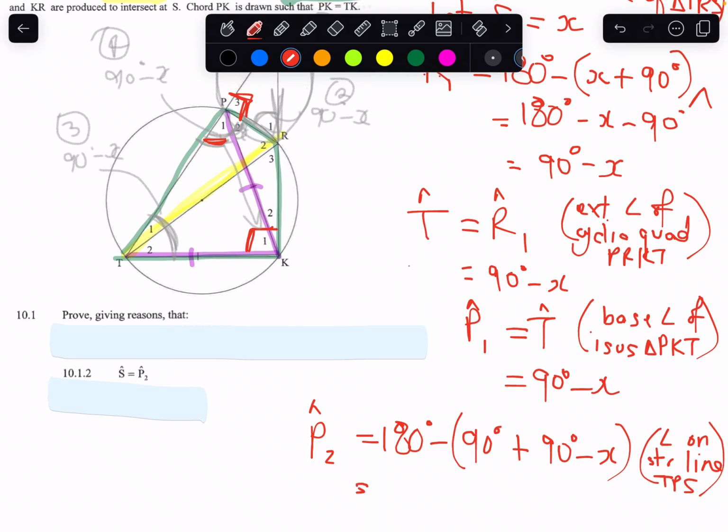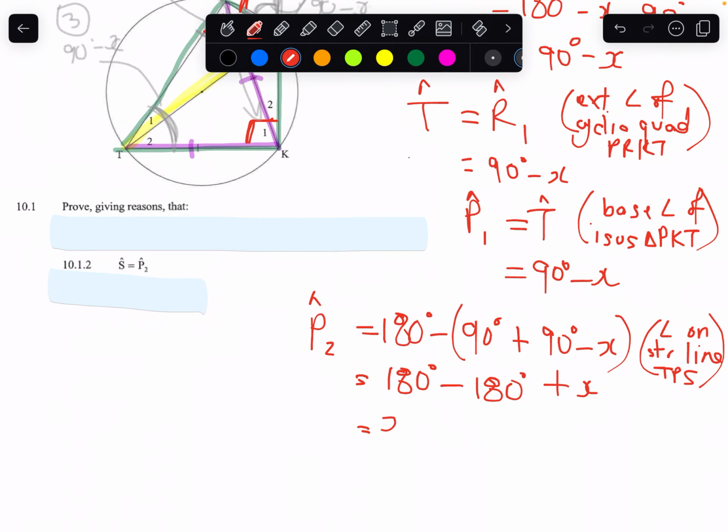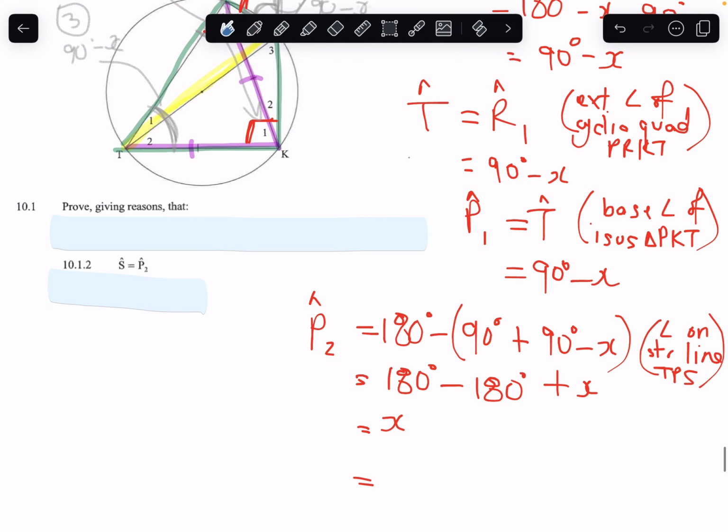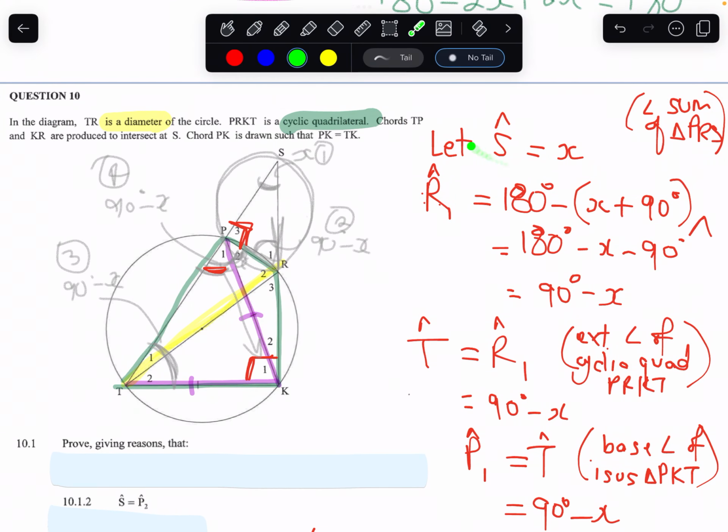So that is 180 degrees minus 180 degrees plus x, which gives us x, which is equal to what we started with, right, which is equal to S.